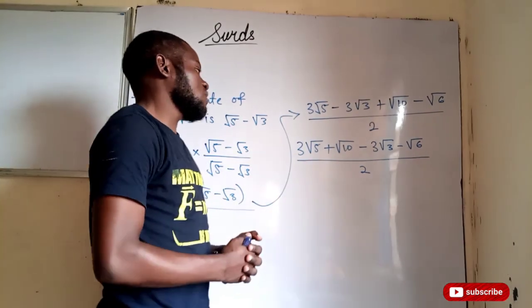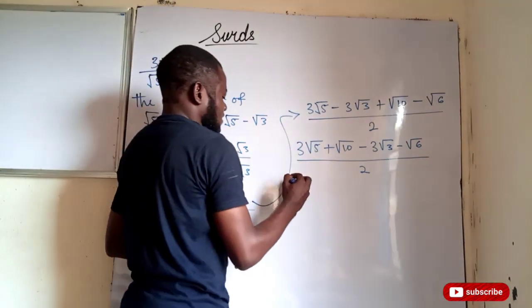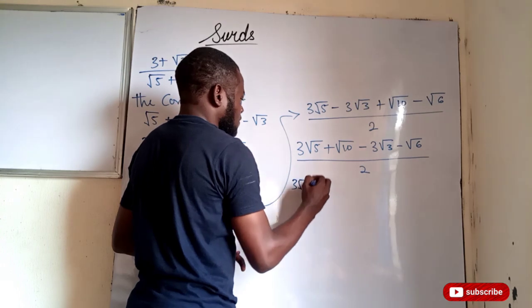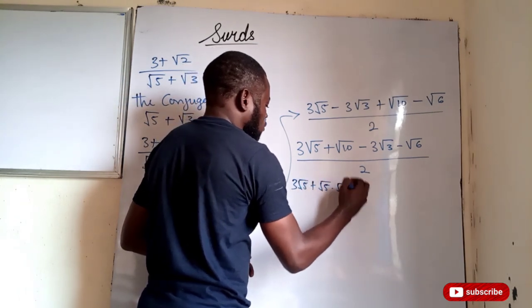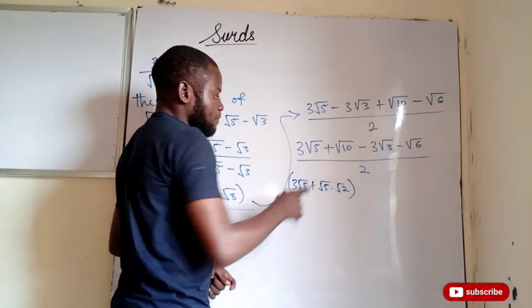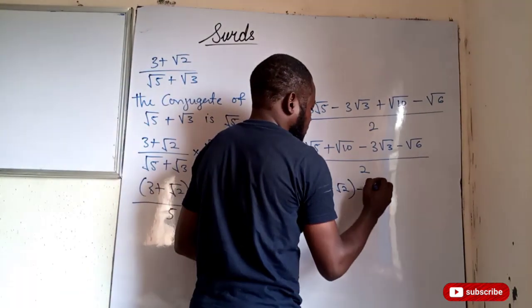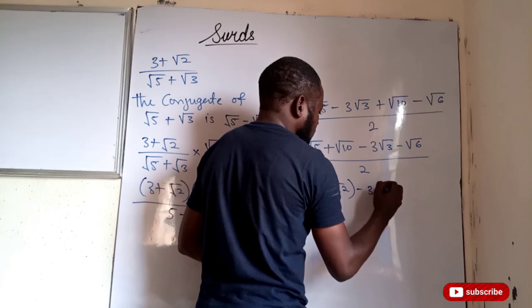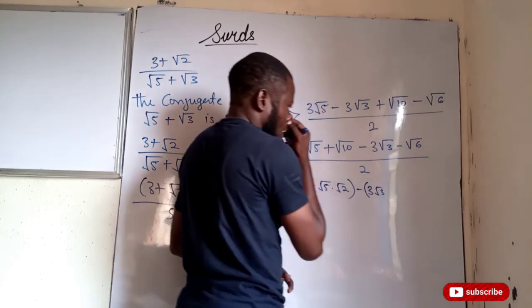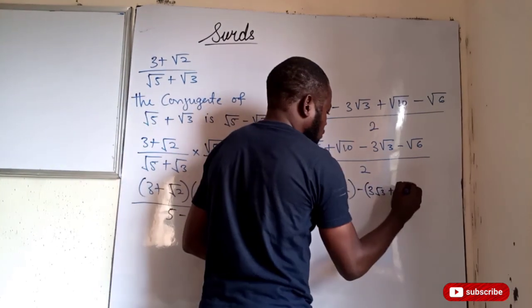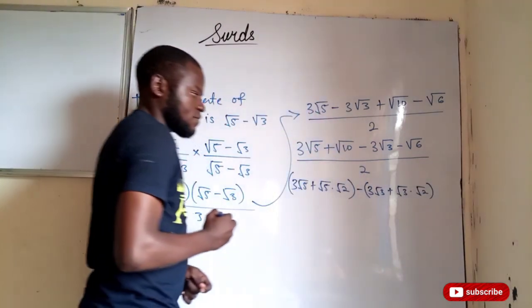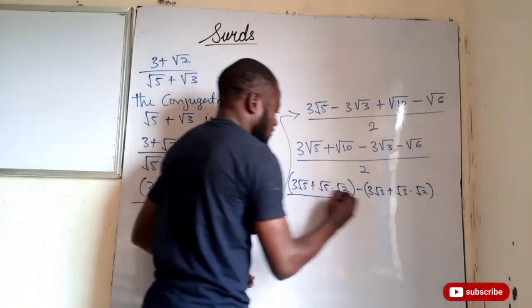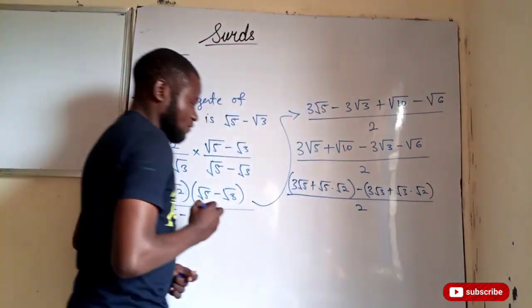Hence, what we can do now is, I can write this as 3 root 5 plus root 5 times root 2. Are we together? And this will be minus 3 root 3, plus root 3 times root 2, all divided by 2.